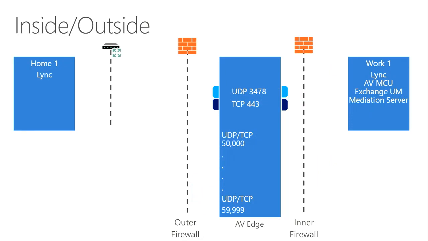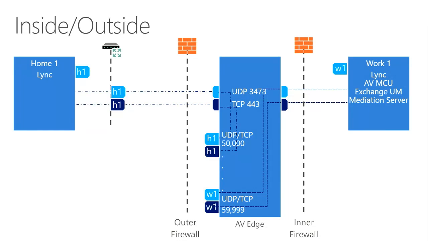Next situation. I have a user at home and a user at work. Exact same start. They discover the addresses. So the external user will connect to the edge server on port 3478 UDP, 443 TCP, and will say, please allocate ports for me, and now we're trying to do the connectivity checks.